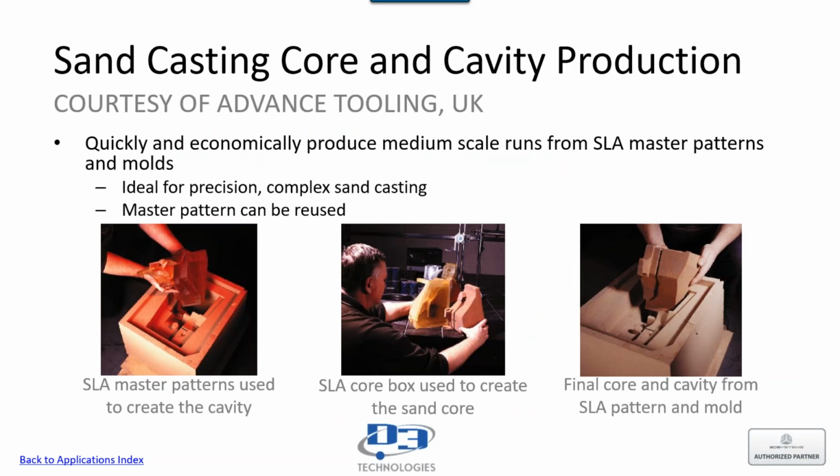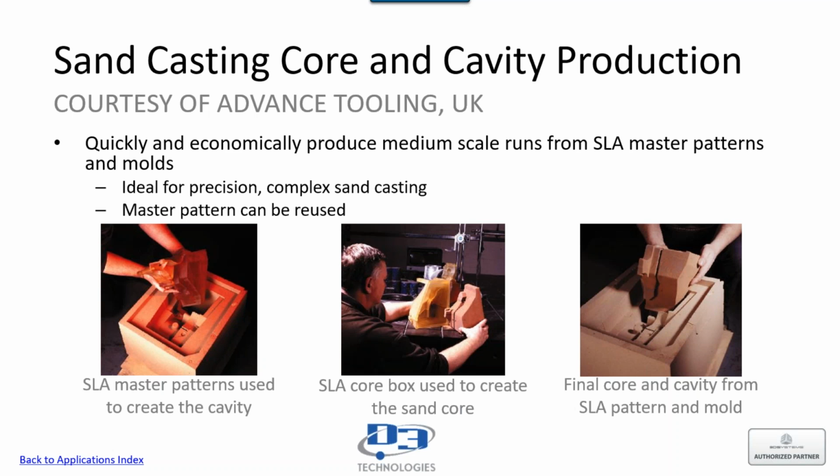And here's an example of a company called Advanced Tooling, where they actually do validation of our stereolithography technology with sand casting process to, again, help reduce those costs and time. Tests had been done on the production of the bracket for an automotive air conditioning system, and then the bracket was successfully casted in aluminum, which cut down their costs and time.